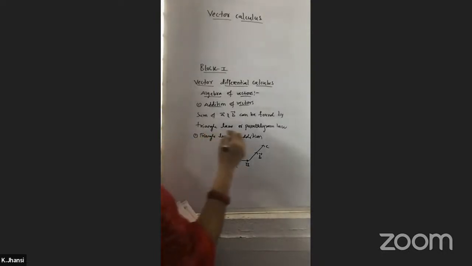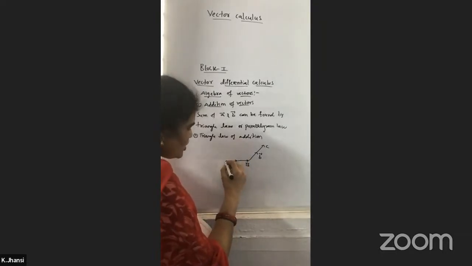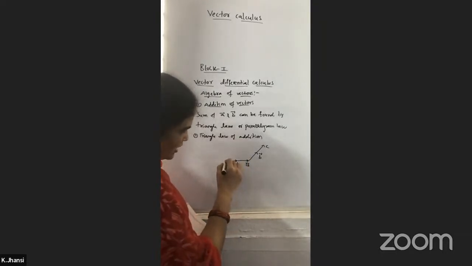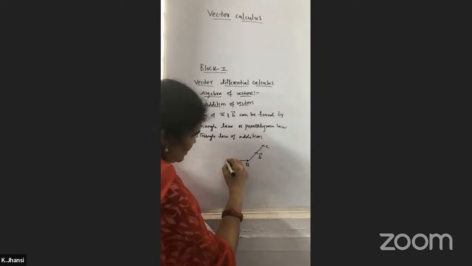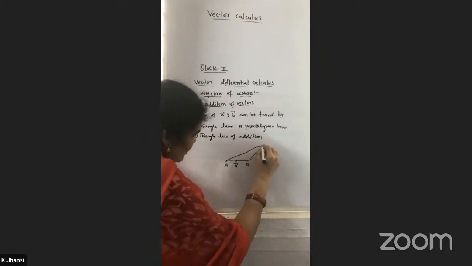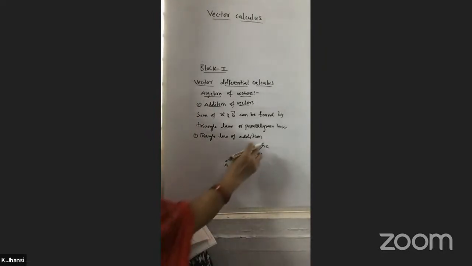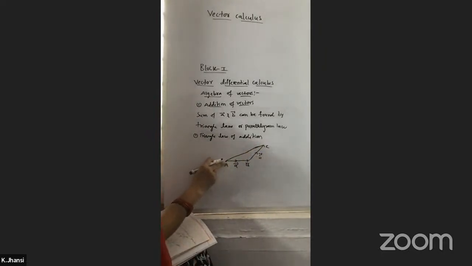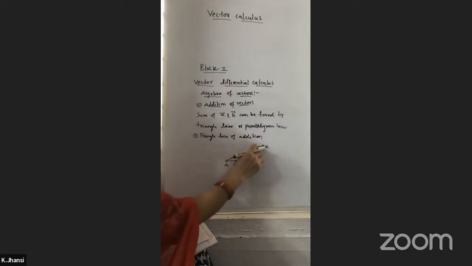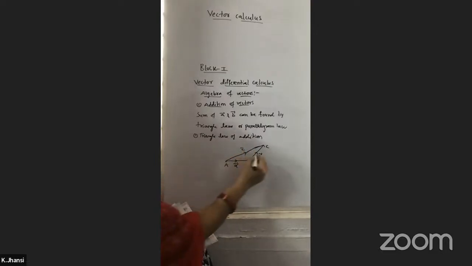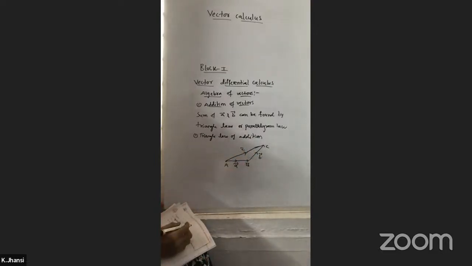Triangle means the initial point of this vector is joined with the end point C. Whatever joins the initial point to C is vector C, and this is vector B.